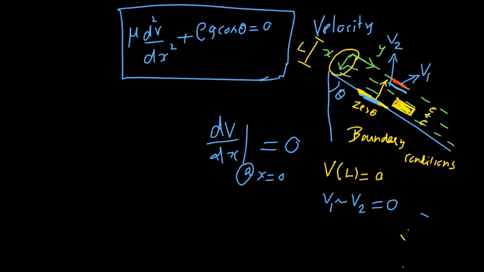The velocity at the very top, indicated by this red here, and the layer just beneath the red, represented by blue here, v1 minus v2, is going to be vanishingly small. You cannot ask why that happens, because that is the way the universe works. So dv by dx at x is equal to 0 is going to be 0.